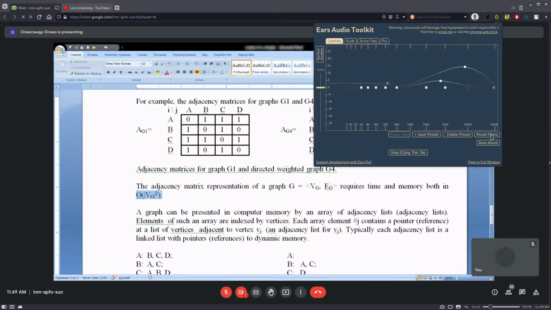a formal approximate idea about the amount of time proportional to the number of vertices squared. Here the number of vertices is 4 and 4.